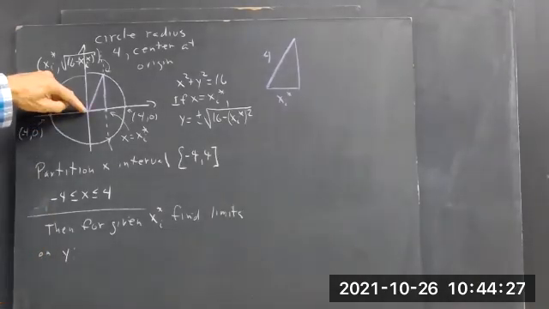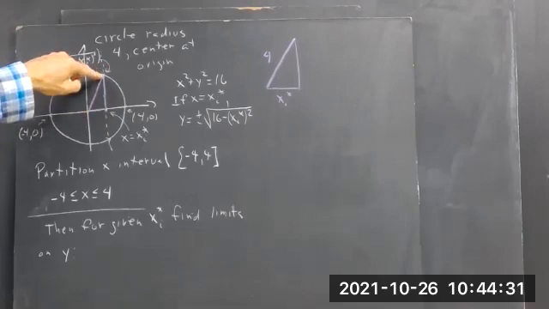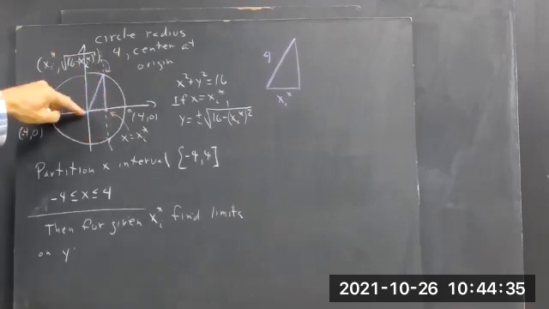This side is 4, because the hypotenuse of this triangle goes from the origin up to the point on the circle. This has radius 4, so this is a radius.